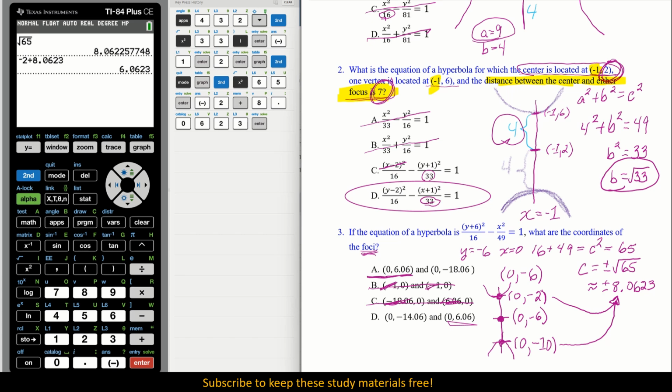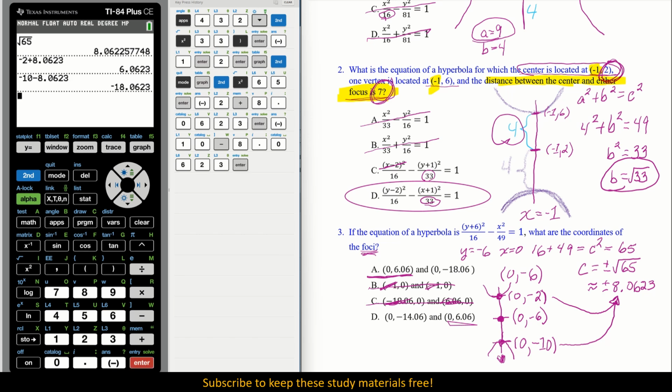Let's go with the -10. Now we need to subtract because we added to the other one. We went up, now we're going down below because of how it opens up. It opens downward. So we need to say -10 minus 8.0623. Let's see what we get. Yep, -18. So A is the option.